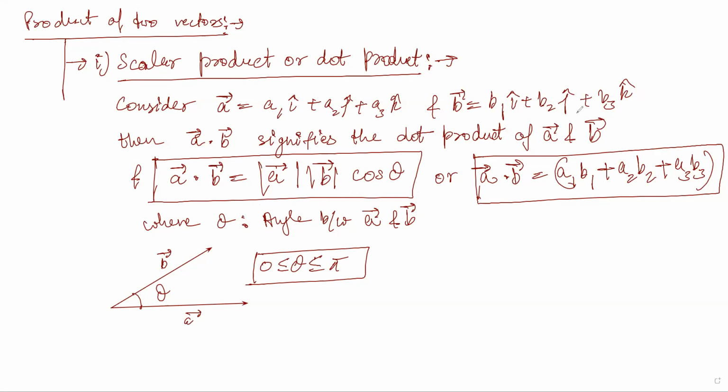And similarly, i dot k would also be 0, and j dot k is also 0. So A1 B1 plus A2 B2 plus A3 B3, that would be the value. In most cases, vectors would be given directly, and A dot B would be very simple to find out.